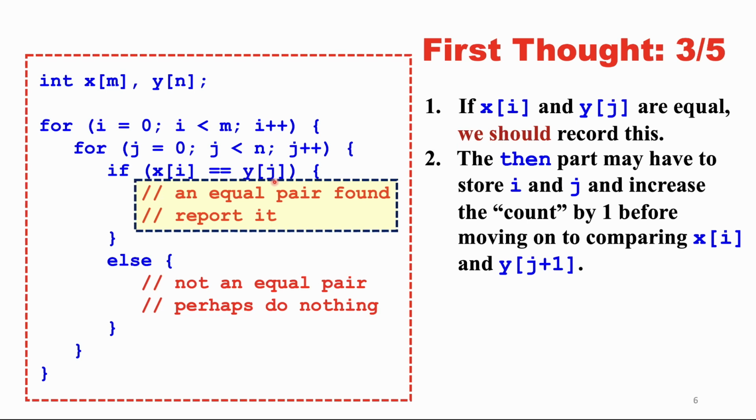And if we also want to count how many, then we have to keep a counter. When we find one, then add 1 to it. After this is found, we compare xi against the next y, that's yj plus 1.